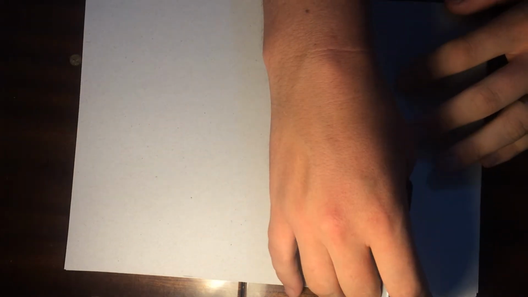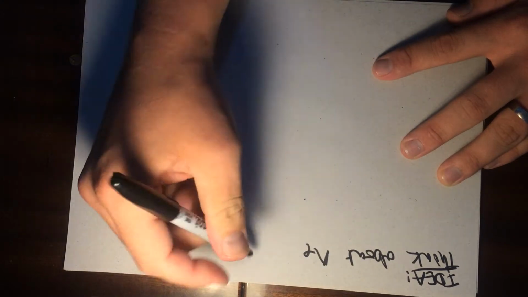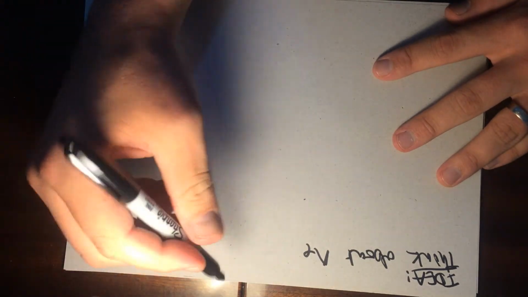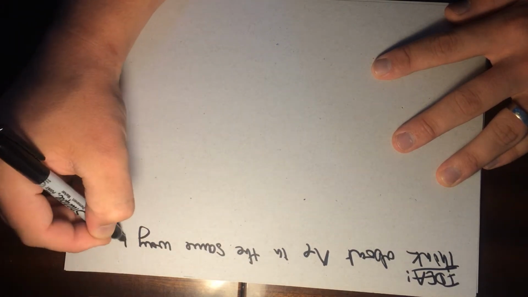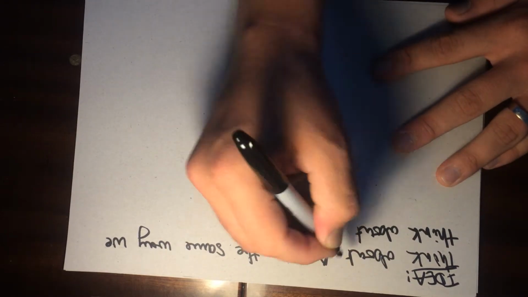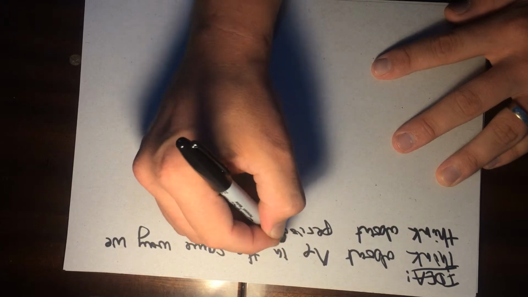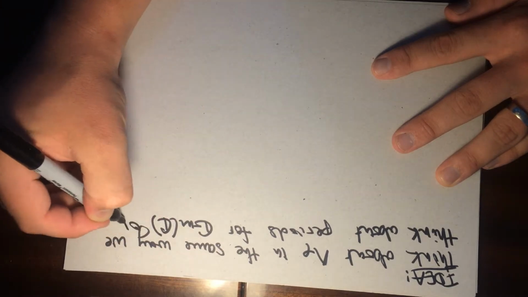Okay, so this is the period module, and so the idea is to think about this in the same way we think about the periods for, let's say, G_m of C or an elliptic curve.